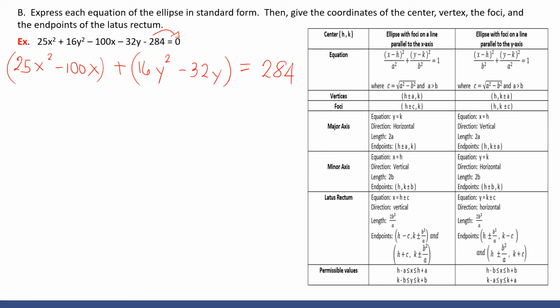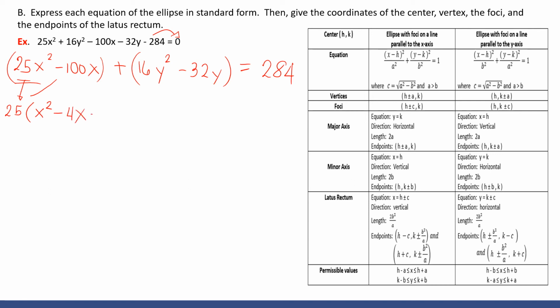Now, if you look at this term, 25x squared, since you have this coefficient 25, factor it out. Ilalabas natin yung 25. At dahil inilabas natin yung 25, so 25x squared divided by 25 is x squared, and negative 100x divided by 25 here is negative 4x.